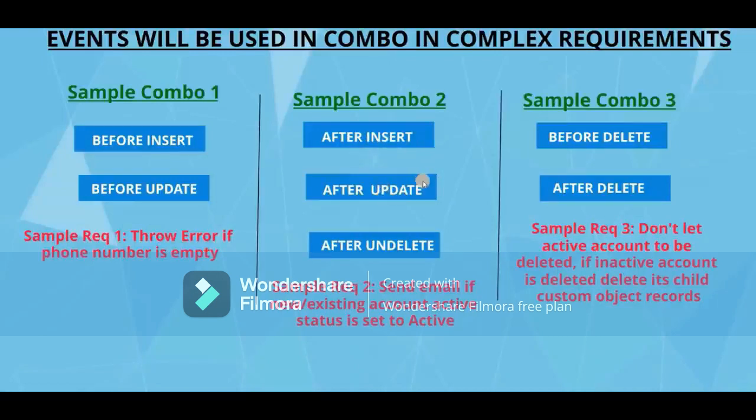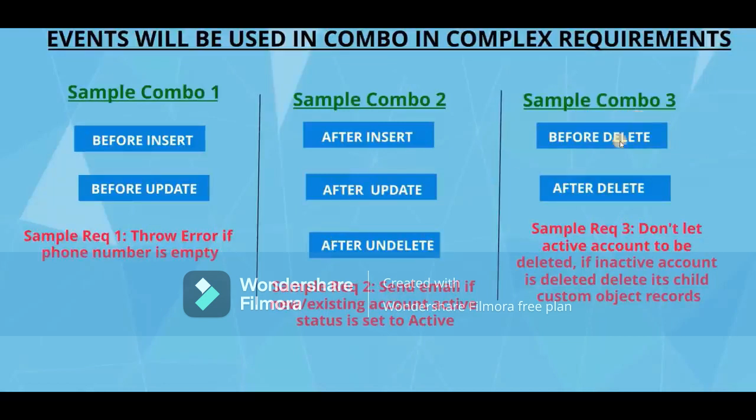Same with after update. If someone changes the active status from not active to active, you can send an email in after update. However, there is one more event here. After undelete: let's say an existing account which was deleted had an active status, and you're trying to restore it. It's like a new record there. That's the reason after undelete also you can write your send email logic.